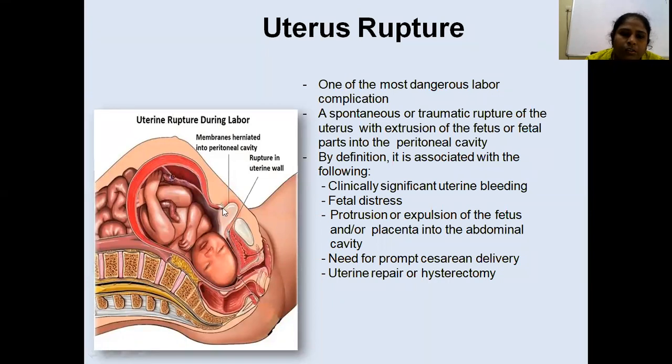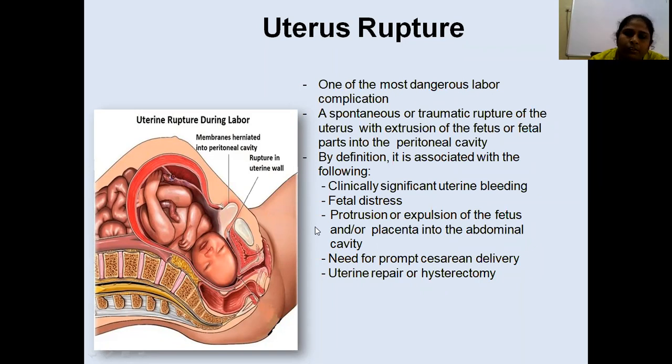See, you can see here the membranes, this is the fetus, and here there is a break in the membranes and the membranes herniated into the peritoneal cavity. And the uterine wall has been ruptured. So here there will be significant uterine bleeding, fetal distress, protrusion or expulsion of the fetus into the abdominal cavity.